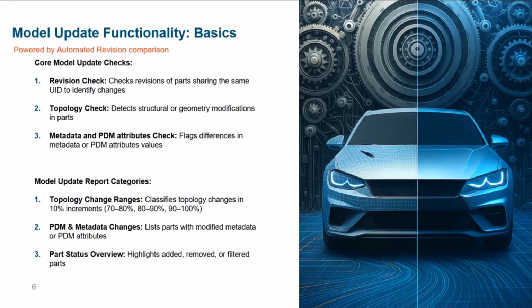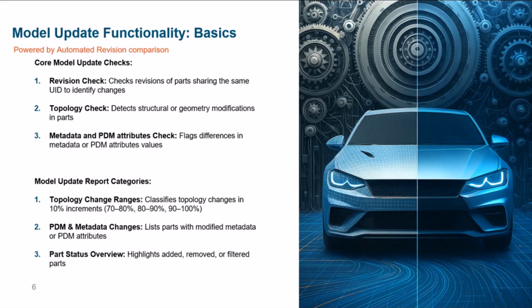The most important thing here is that all parts need to have the same unique UID to run this operation smoothly. Now, for all the revised parts, we perform the following checks, like a topology check that detects structural or geometry modifications in the parts, and also we detect metadata and PDM attribute differences in these values.